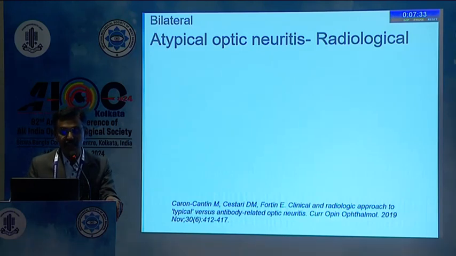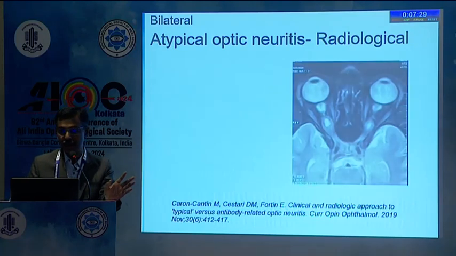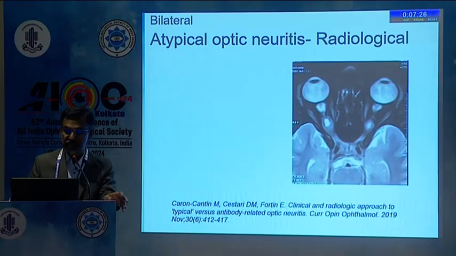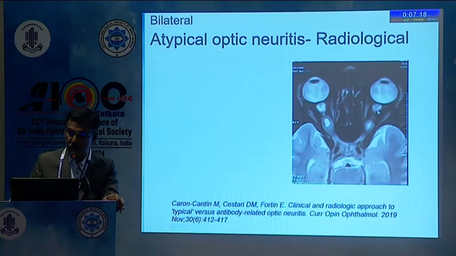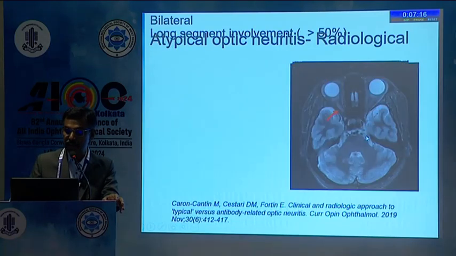Also, not only clinical, we also have clear radiological findings with respect to atypical optic neuritis. As seen in this picture, it has got a bilateral extensive optic nerve involvement. More than 50% of the optic nerve length has been involved in both the eyes. Here also there has been extensive optic nerve involvement.